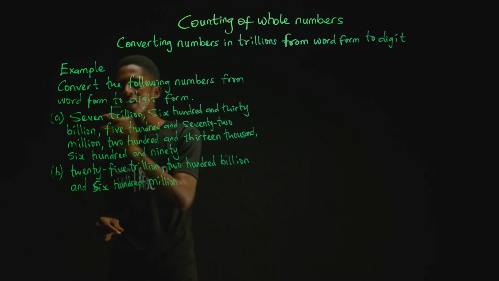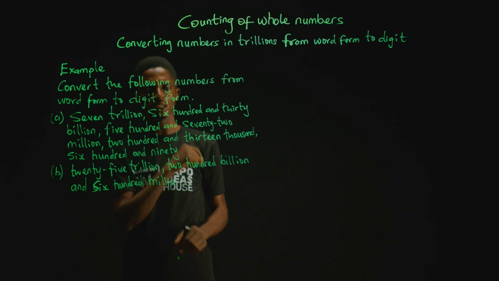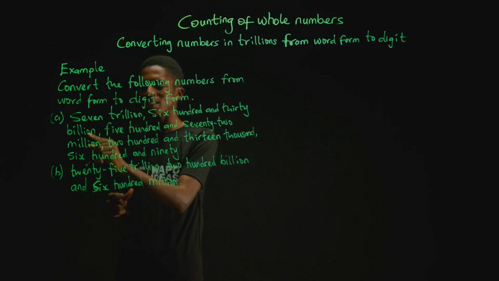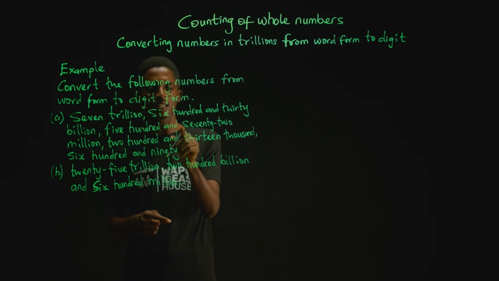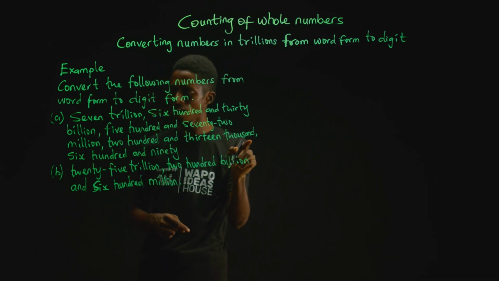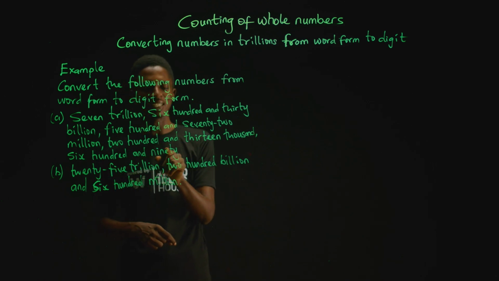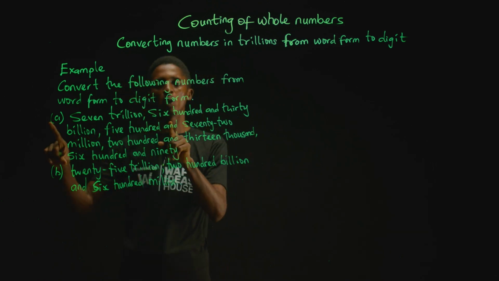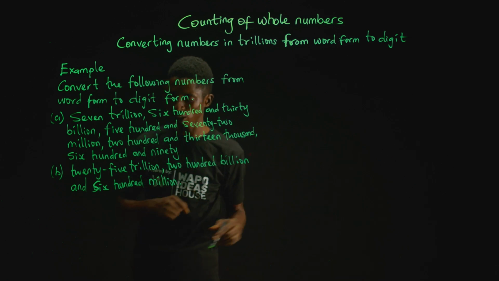Good. So the first task is to convert 7 trillion 630 billion 572 million 213,690 from this word form into digit form.